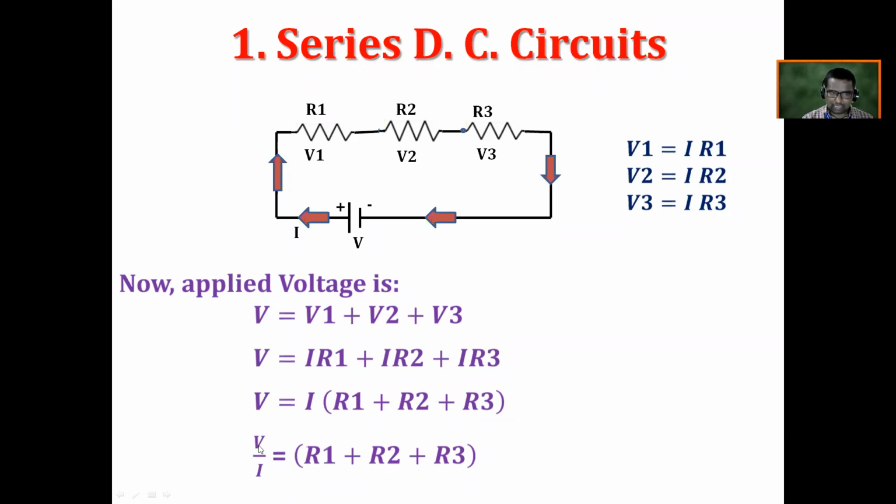The ratio at the left hand side of this equation indicates the total voltage divided by total current. Now the total voltage divided by total current is equal to what? Total resistance. Absolutely correct. So this R1 plus R2 plus R3 is the total resistance of this circuit.